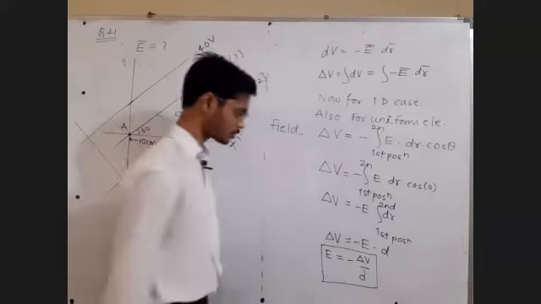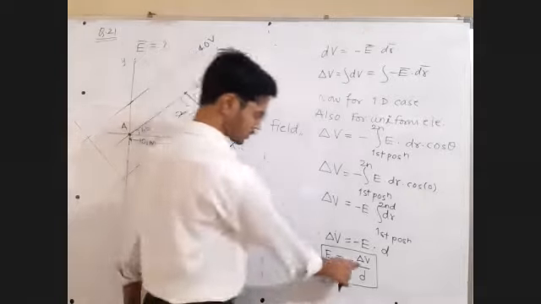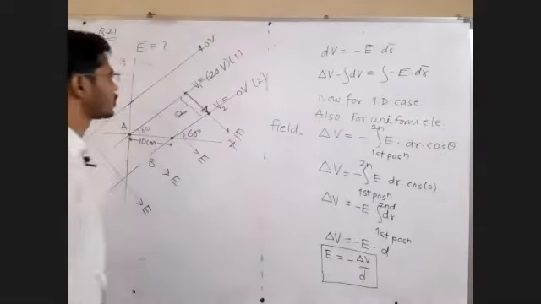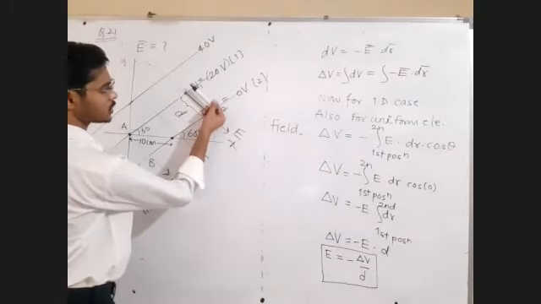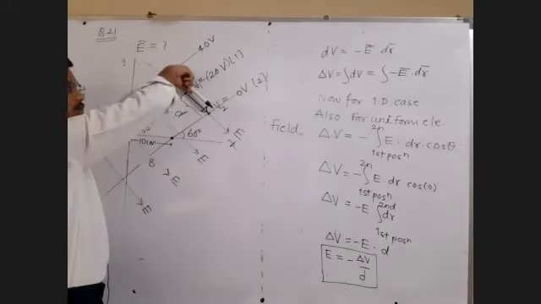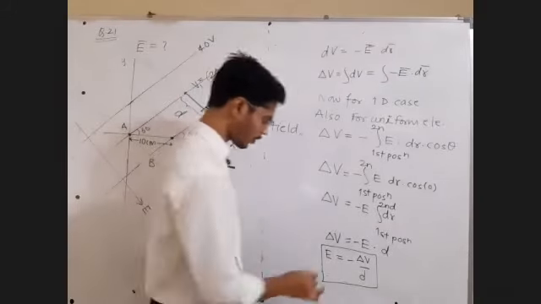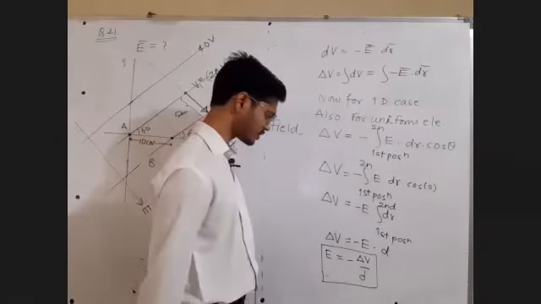Gradient is always from lower value to higher value, so the gradient of potential is from lower value to higher value, and opposite to that, from higher value to lower value, will be the electric field. So the formula itself is trying to deal with the directions.